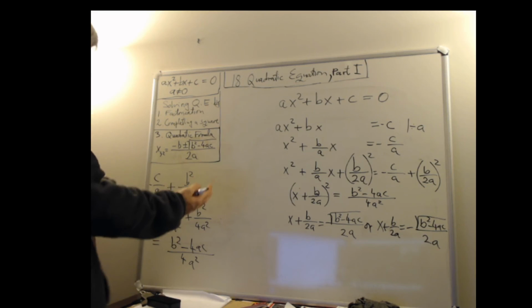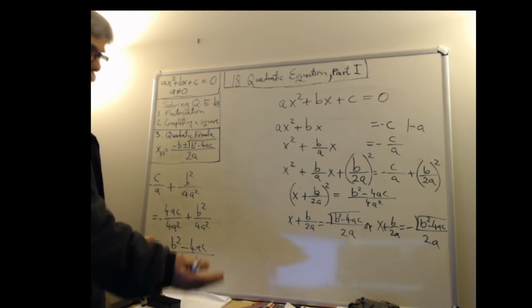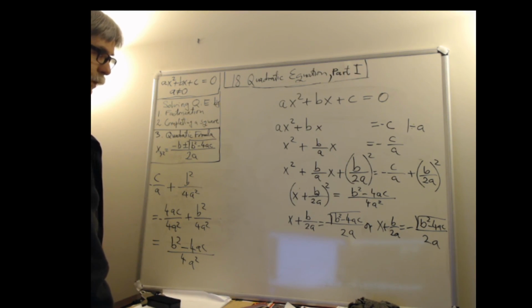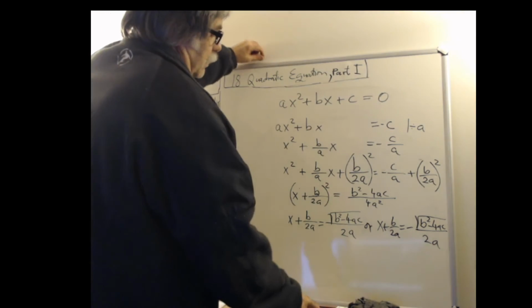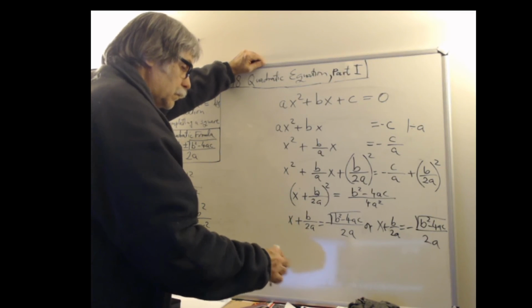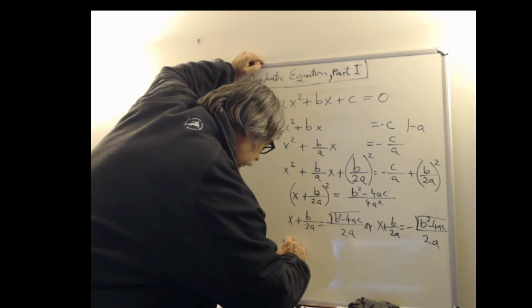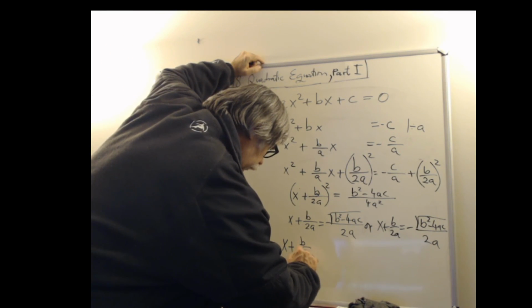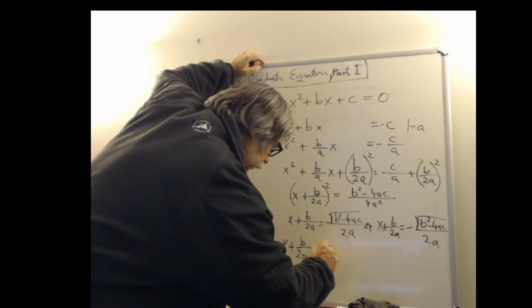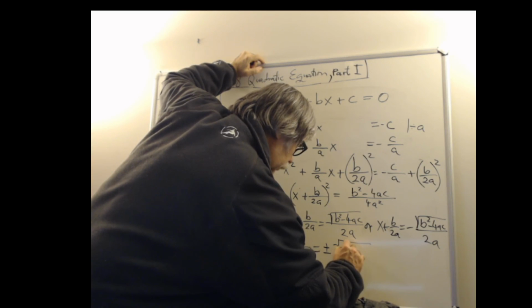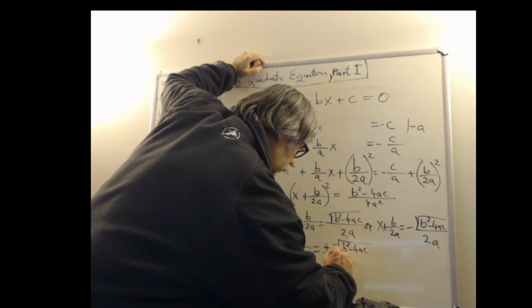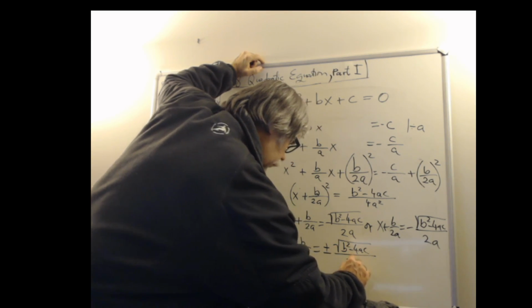So I might as well put it together and write plus minus. And that's exactly what I'm going to do. x plus b over 2a is equal plus minus radical b squared minus 4ac divided by 2a.